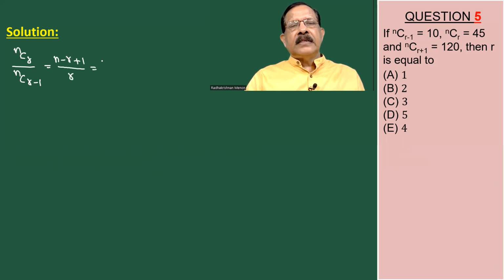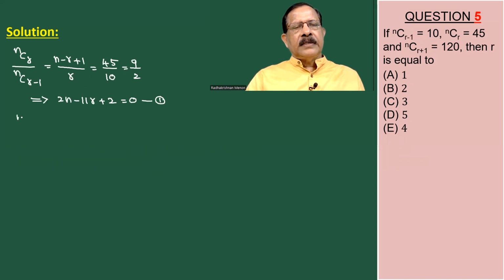It is given that this is 45 divided by 10, which is equal to 9 by 2. So we will be getting an equation in n and r: 2n minus 11r plus 2 equal to 0. This is equation 1.